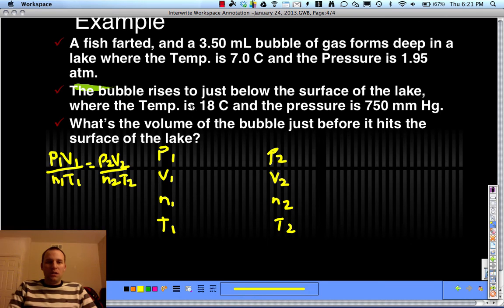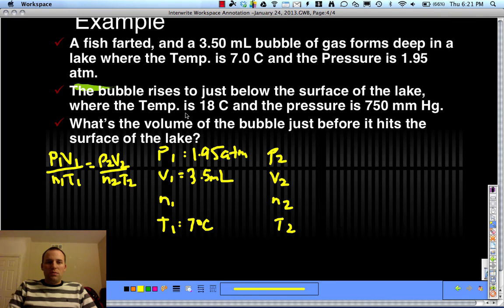And let's read the question. A fish farted and a 3.5 milliliter bubble, that's a volume, 3.5 milliliters, of gas forms deep in a lake where the temperature is 7 degrees Celsius and the pressure is 1.95 atmospheres.